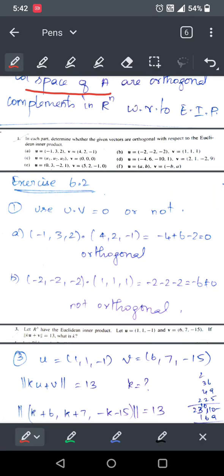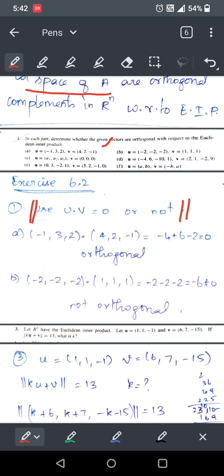So here we need to determine whether the following pairs of vectors are orthogonal to each other or not. To check this, we need to check whether u dot v is equal to 0 or not. For the first one, we have u as -1, 3, 2 and v as 4, 2, -1.